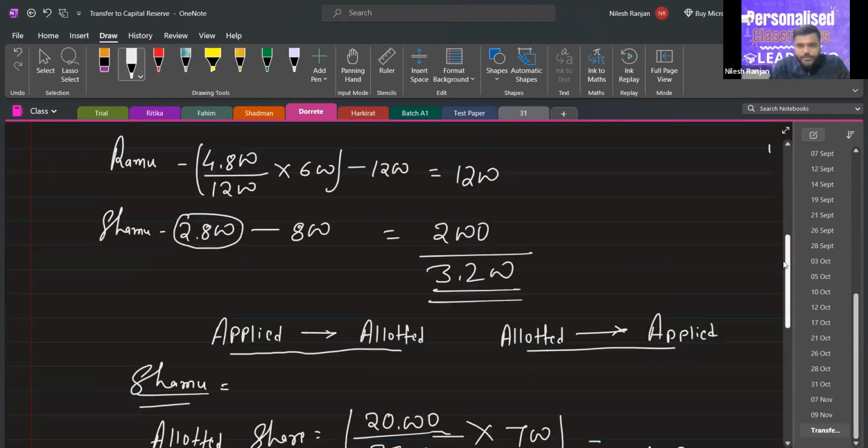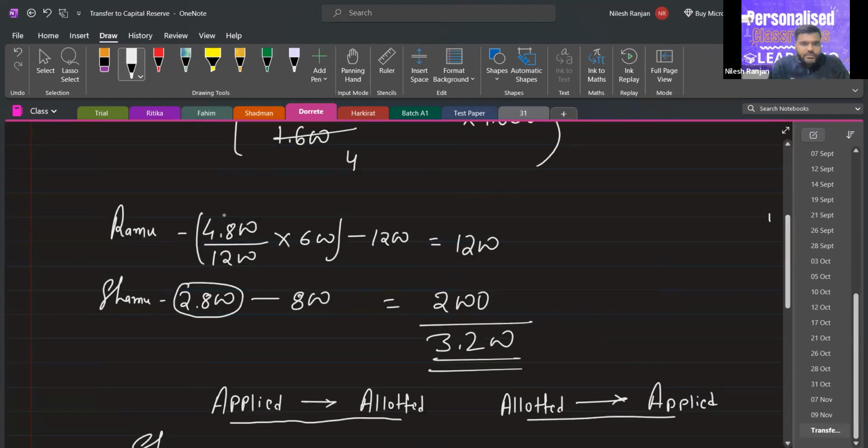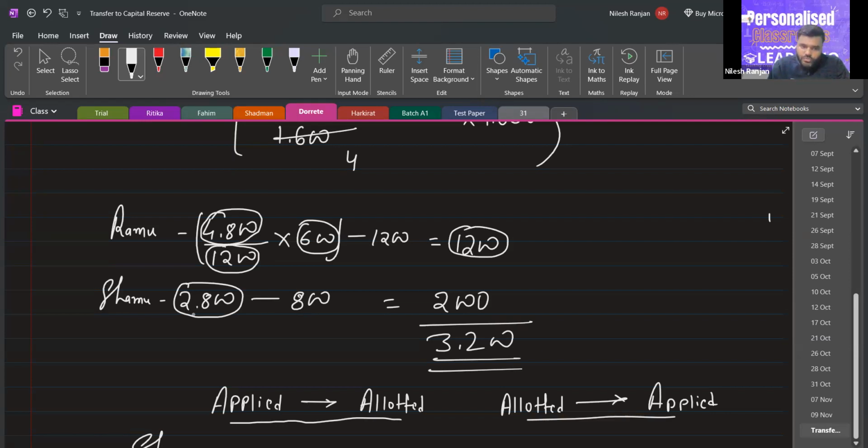Ramu's shares forfeited are 1,200, but we reissued only 600. So 1,200 is the amount for Ramu, and for Shamu all the shares are reissued. So 2,800 is Shamu's forfeited amount and 800 discount we have given. So 2,800 minus 800, 1,000, total 3,000.